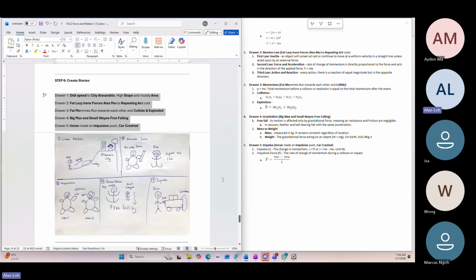So these are the 5 drawers. My advice is, if the pen and paper is still in front of you, you can quickly, using 1, 2, 3 minutes, draw these very ugly pictures. Draw this out, and that will help you to remember the content of the drawer, right?